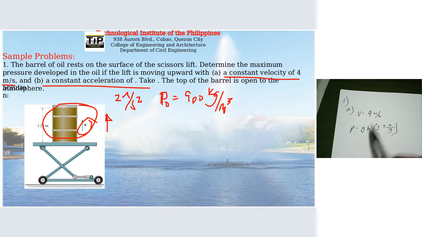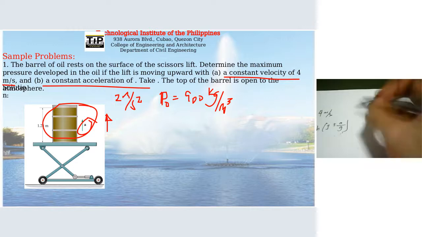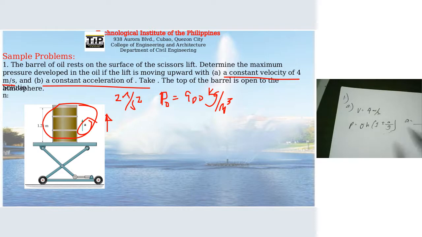So again, we use this if we have a constant acceleration. Meaning the pressure will change if the vessel is either increasing or decreasing in terms of its velocity, because acceleration is change in velocity, right? Now, sabi sa question, sa letter A, constant yung velocity natin.